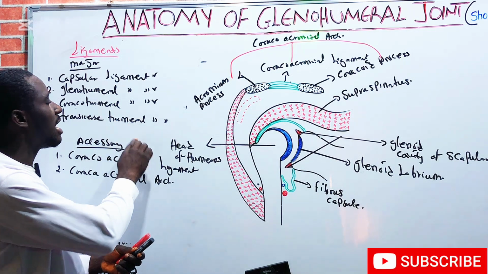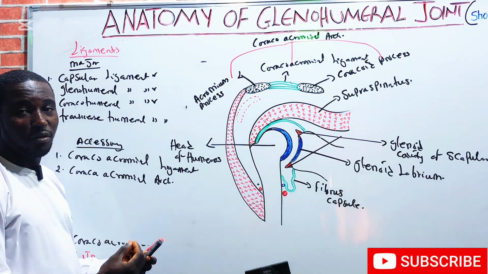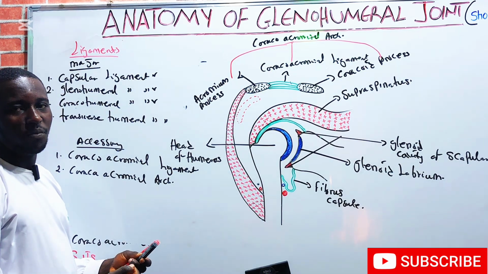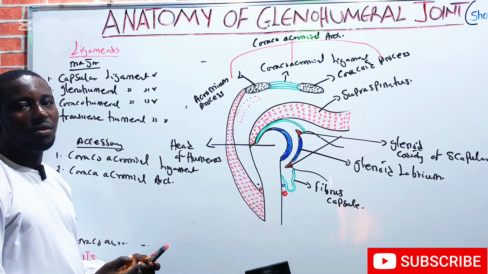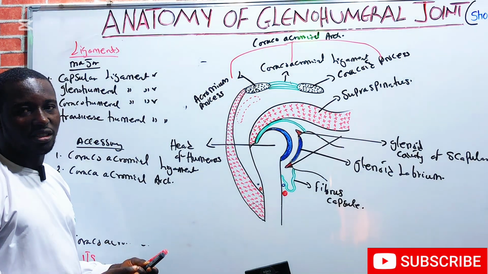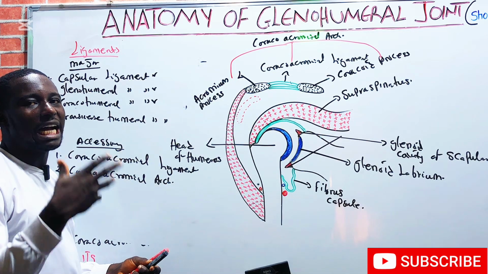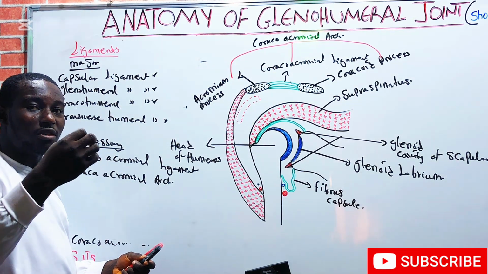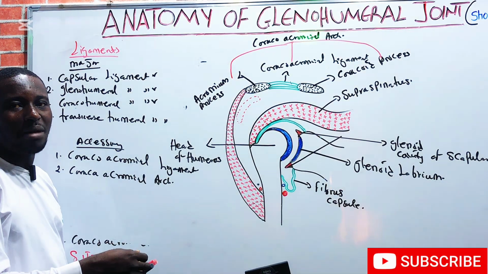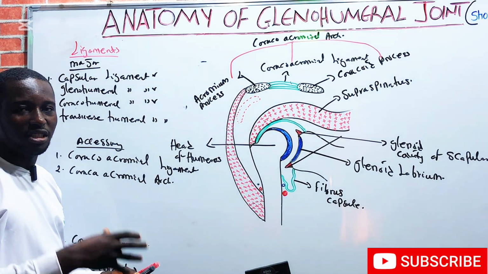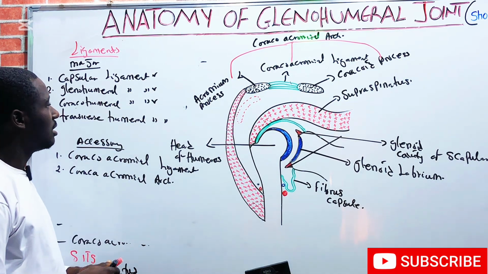This transverse humeral ligament converts the bicipital groove of the humerus into a canal which lodges the tendon of the long head of the biceps brachii, surrounded by the synovial sheath. So that is all about the ligaments of the shoulder joint.